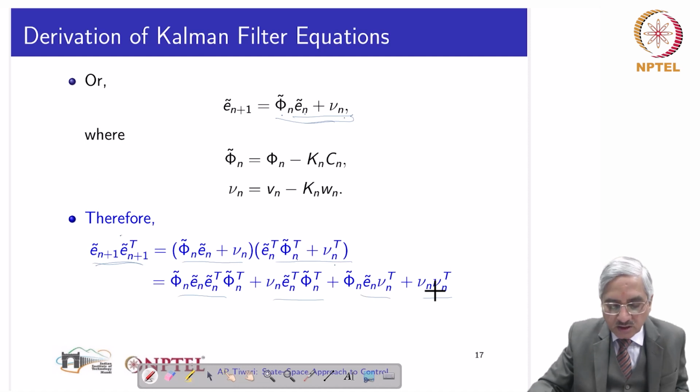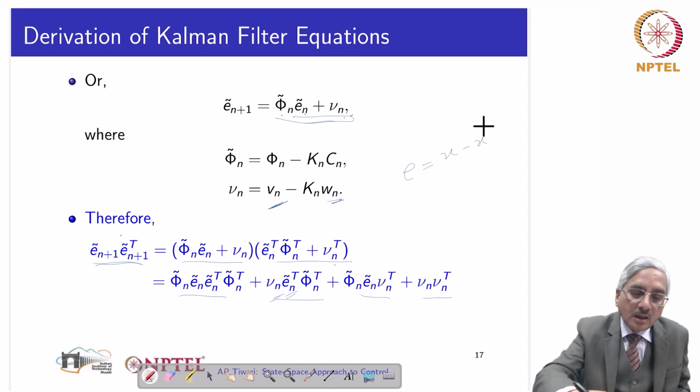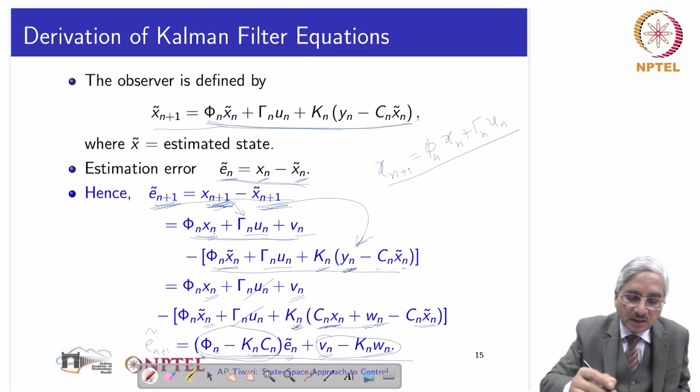And in these 4 terms we realize that this nu n is Vn minus Kn Wn, so it contains Vn and Wn, and En tilde contains x, it was defined as x minus x tilde. Let me just go back to see its exact definition here. En tilde is xn minus xn tilde.